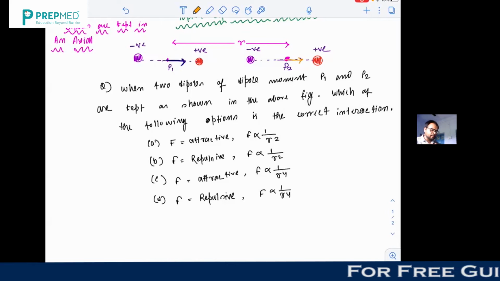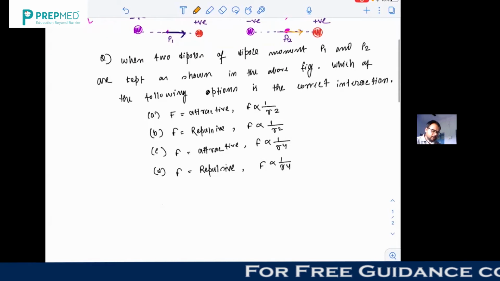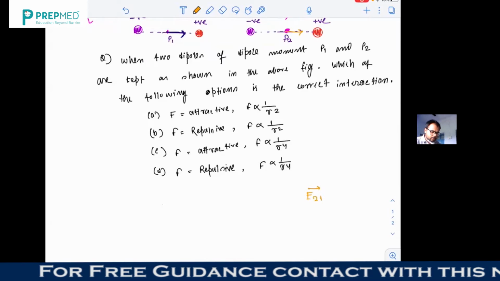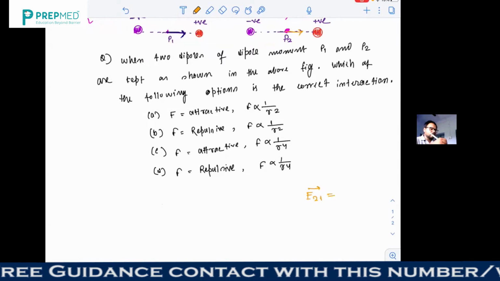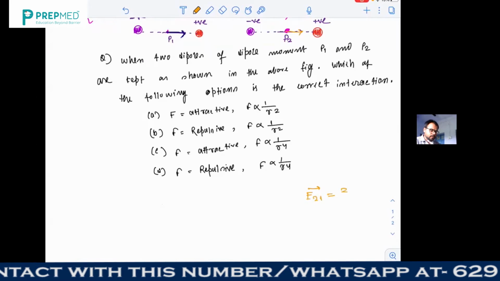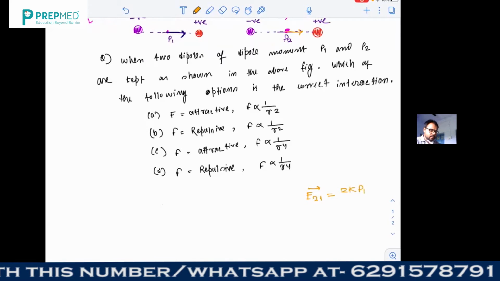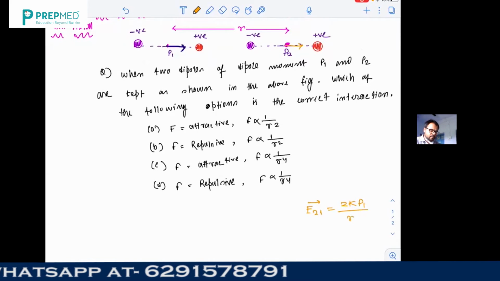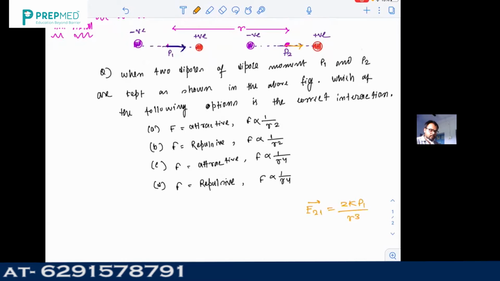And what will be the electric field value? You know that the electric field at the position of 2 because of 1 is going to be 2kP1 divided by r cubed. P1 is also a vector. So 2kP1 divided by r cubed.